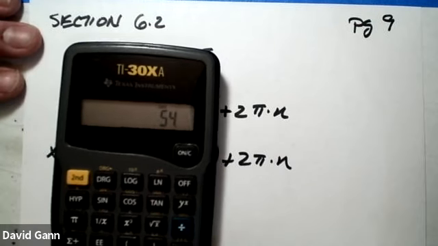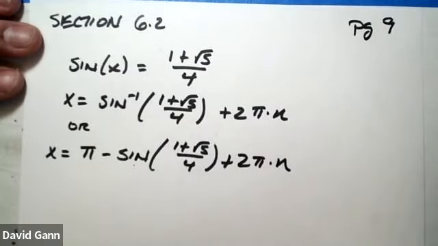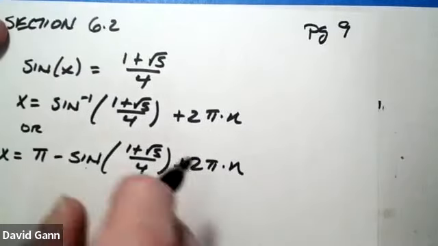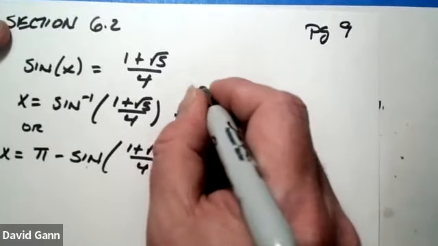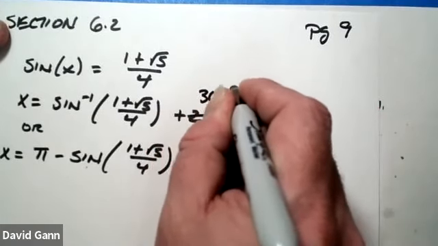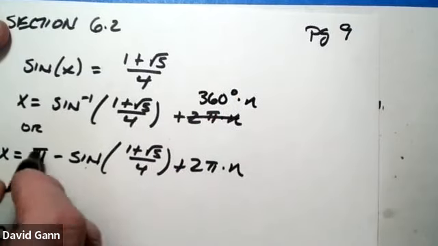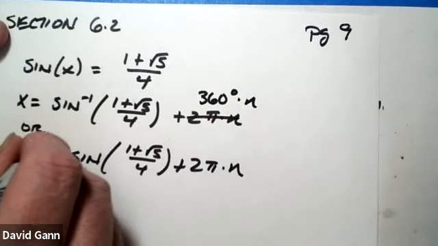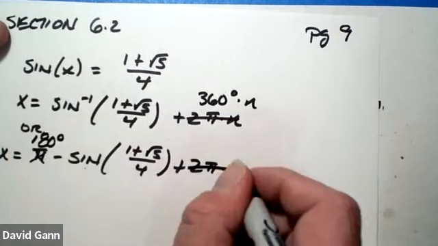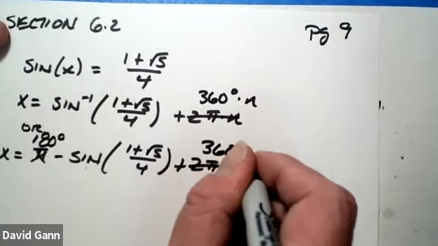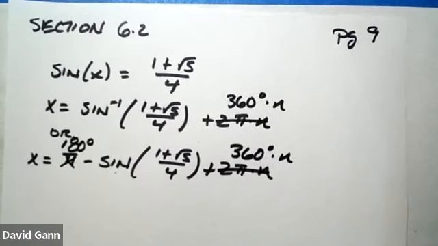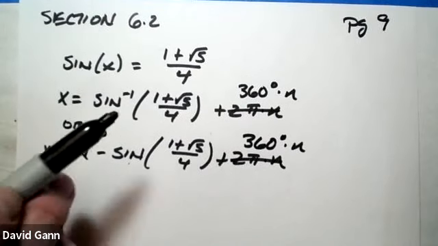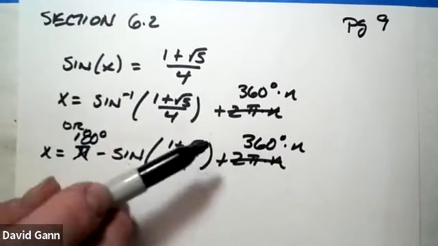So let me just modify this and say, instead of doing these with pi's, how about we do this with 360, and then this becomes 180 minus, plus 360 times n. Okay, so I just did a quick flip so that we're not working in radians. So here's this solution which we just showed.